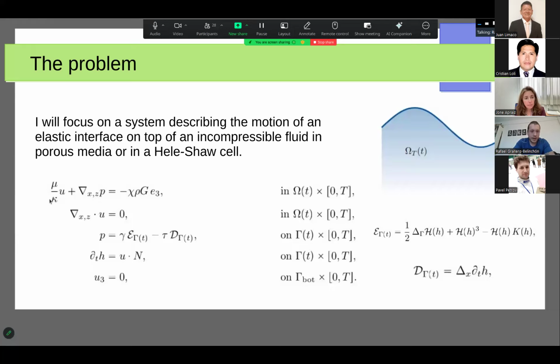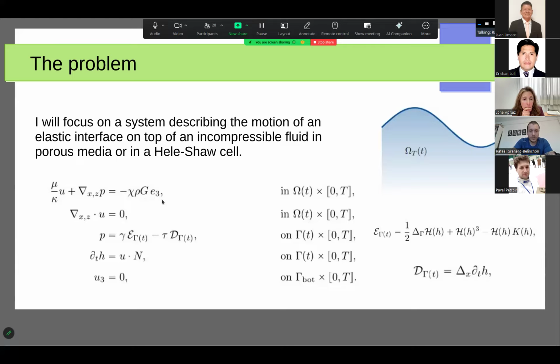Mu and kappa are constants, and rho and g are also constant. Mu is related to the viscosity of the fluid. Kappa is the permeability of the porous medium, or is related to the width of the Hele-Shaw cell. Rho is the density of the fluid. Capital G is the gravity.